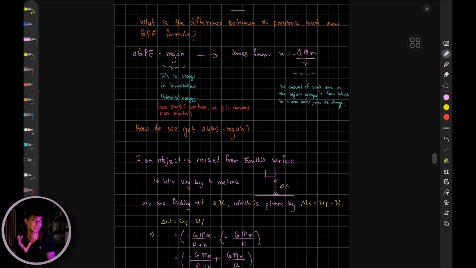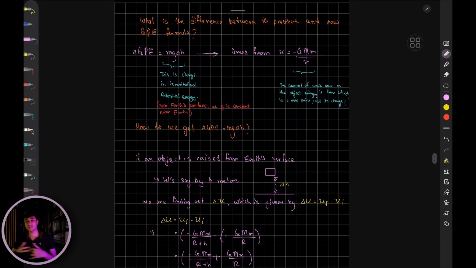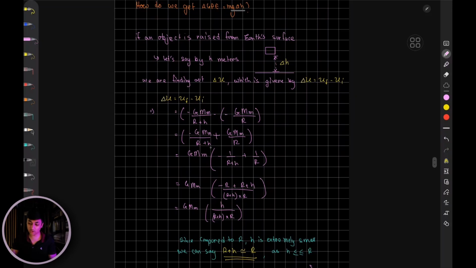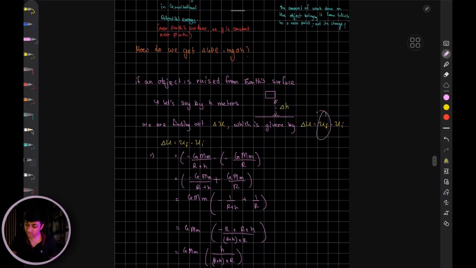Now, in the case that you are really far away and you cannot make this approximation that R plus h is equal to R, in those cases, what you're going to do is find the gravitational potential energy at the final position, be it near the Earth's surface or away from it, does not matter.